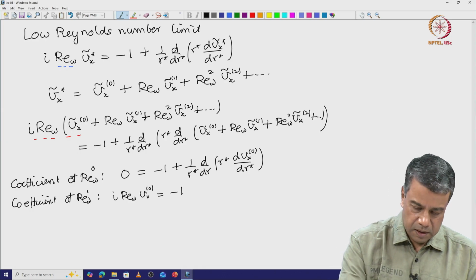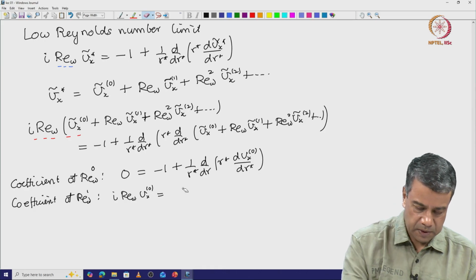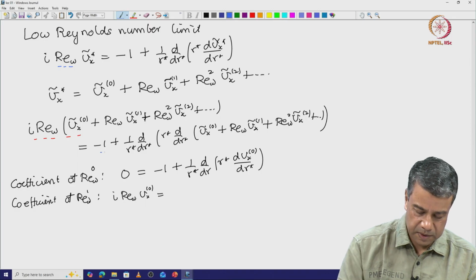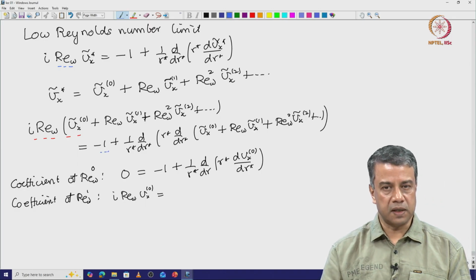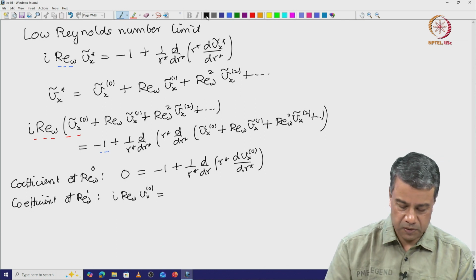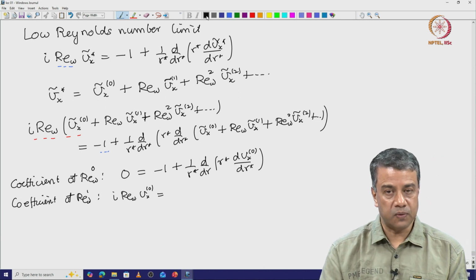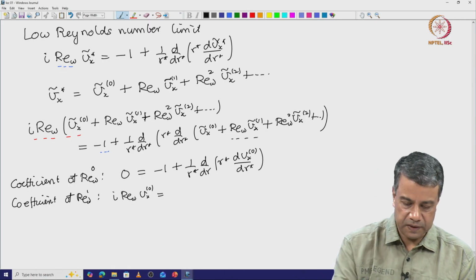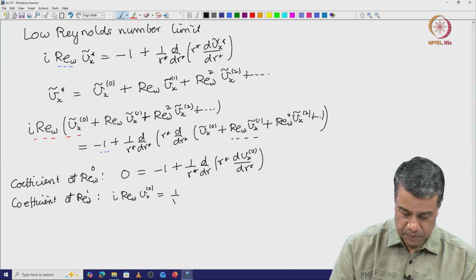Sorry, there is no coefficient of Re omega power 1 on the right side. This inhomogeneous term here is order 1, order Re omega power 0. Therefore, there is no coefficient of Re omega power 1 in the inhomogeneous term. It is only in this velocity that we have this term here. So, I get 1 by R.